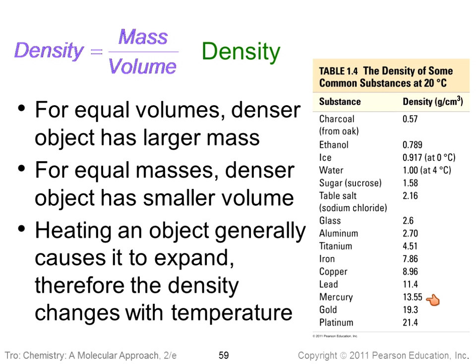See, lead has a very high density. Even mercury, even higher. Look at that. Water, density of 1, easy to memorize. And then everything in between. Generally, heating an object causes it to expand, so the density can change with temperature.